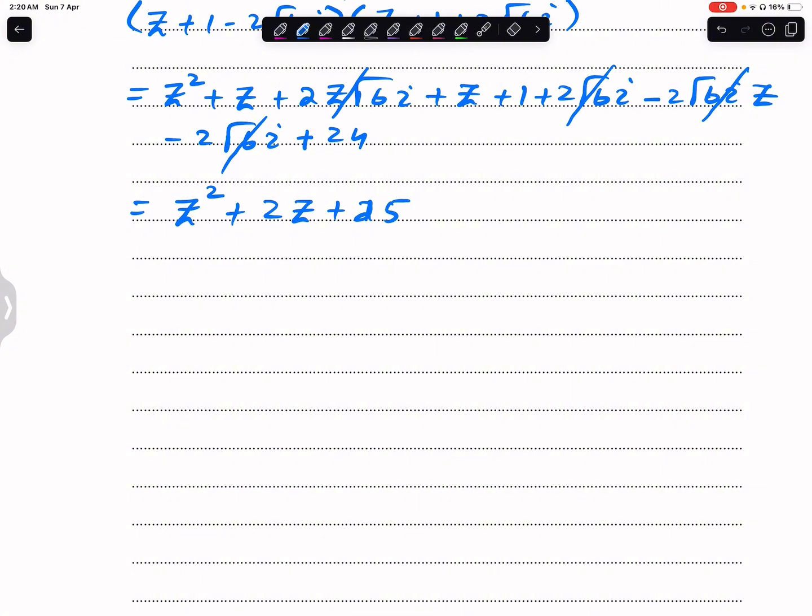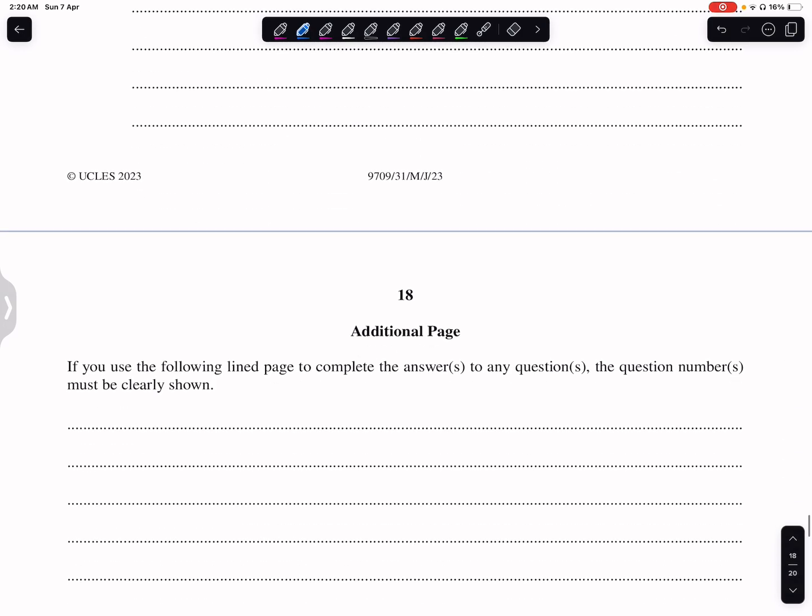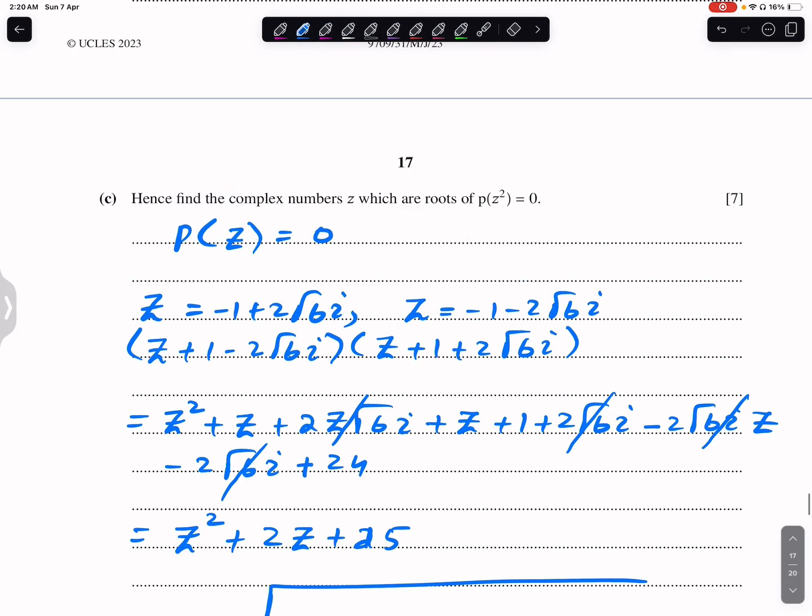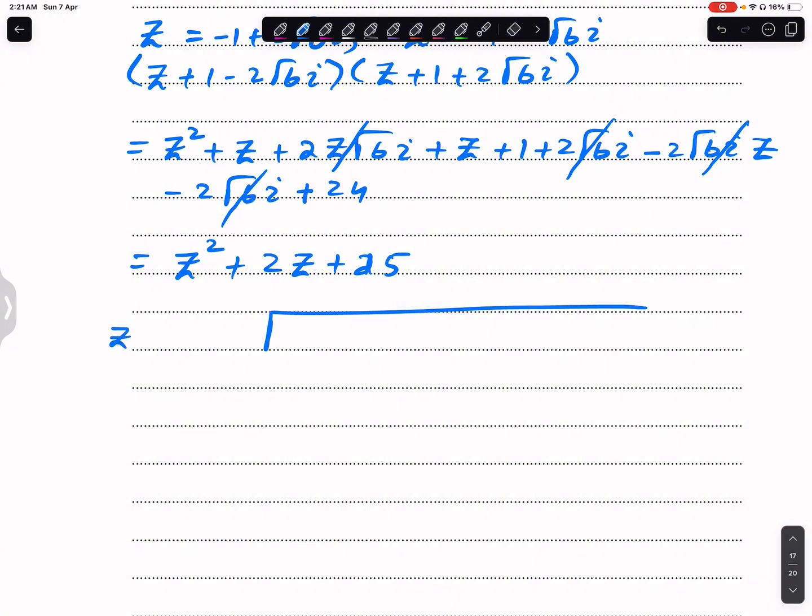Let's do the long division now. Let me do the long division and write z square plus 2z plus 25.